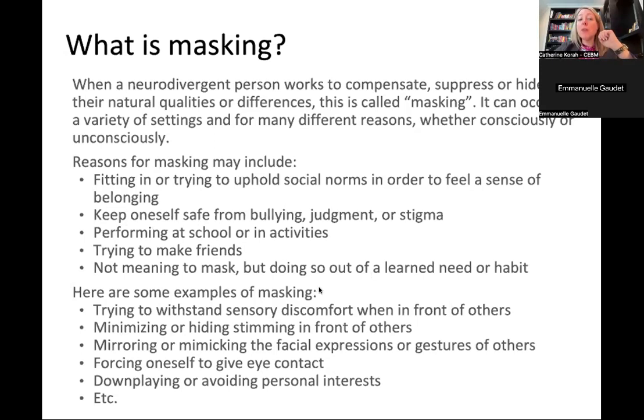And so some examples of masking could be trying to withstand a sensory discomfort.